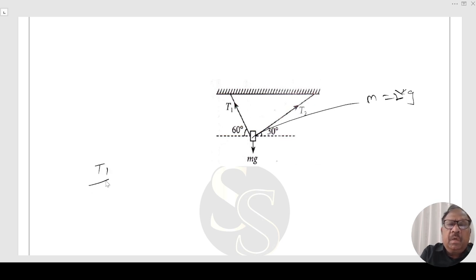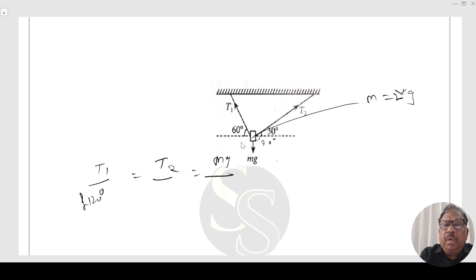T1 over sin of the angle opposite to T1, T2 over sin of its opposite angle, mg over sin of its opposite angle. What is the angle opposite to T1? Between these two is 90 degrees, so 90 plus 30, 120 degrees, sin 120 degrees.